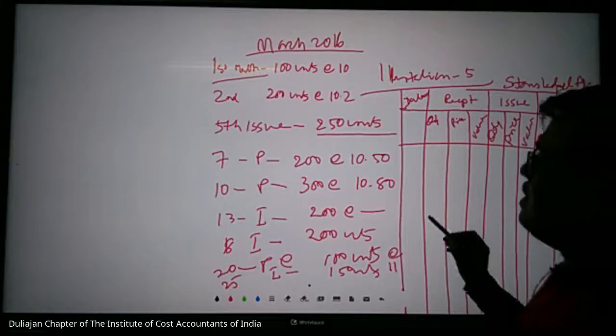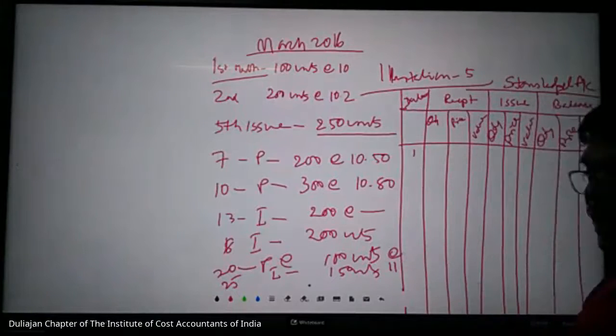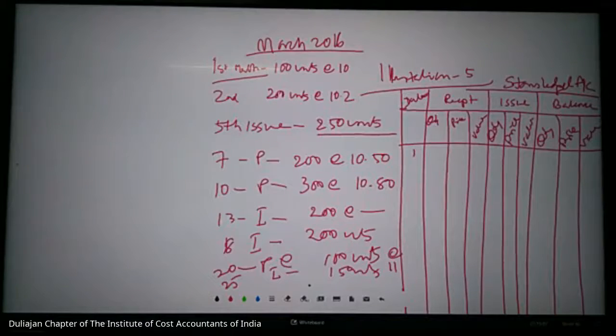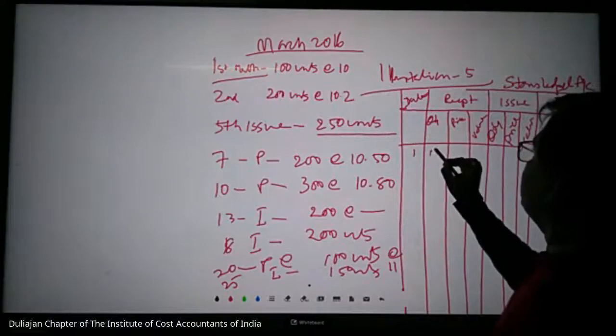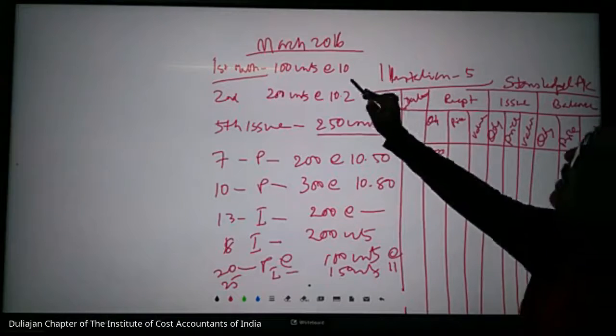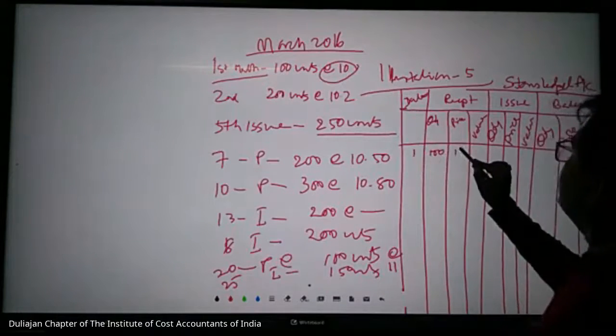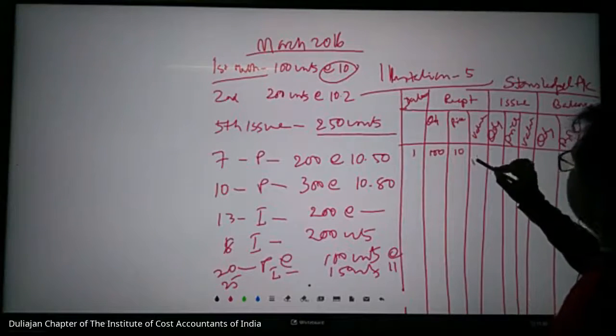Now if you see, first is March 1. What are the 100 units you are buying? So your 100 units have come here. What is the price? 10 rupees. So you have a value of 1000 rupees.